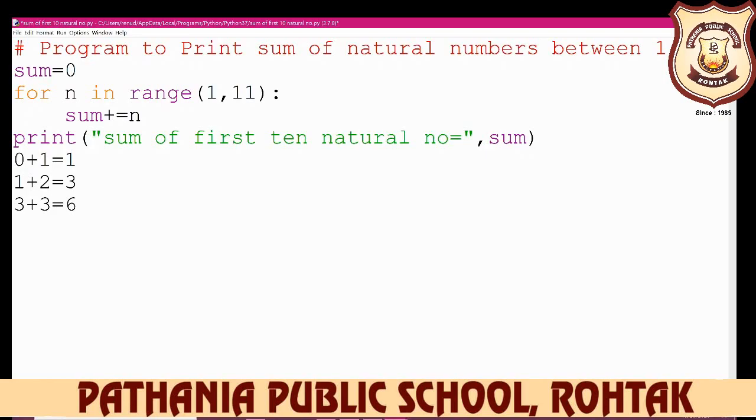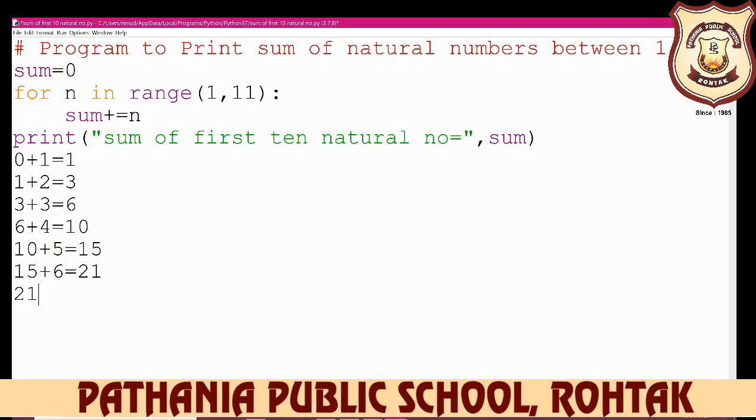Again now your sum is 6, plus your next number 4 is equal to 10. So that way you calculate the sum of the first 10 natural numbers. Sum 10 plus the next number 5 is equal to 15. Sum 15 plus 6 is equal to 21.